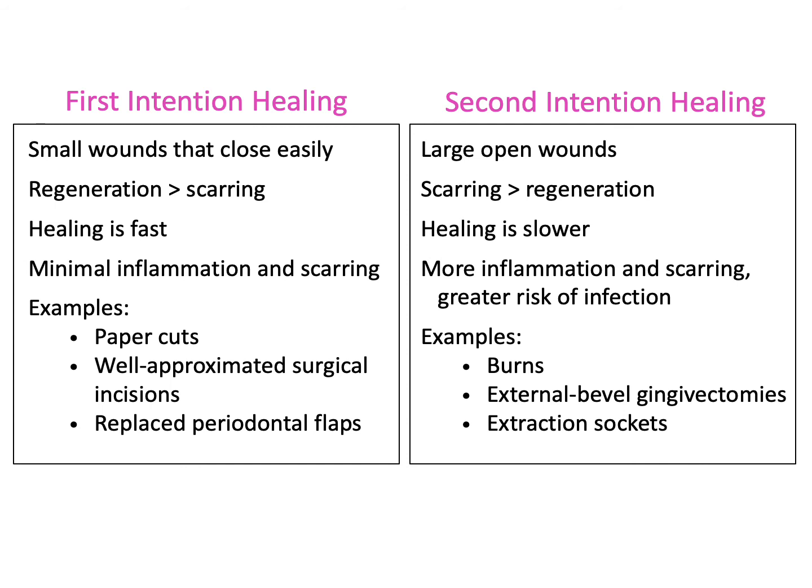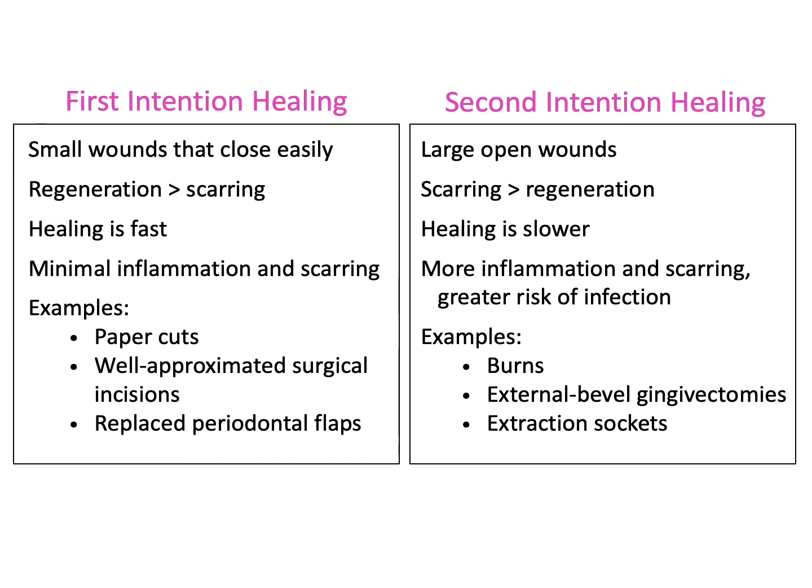I've got small and large here. These are relative terms, obviously, but the point is that first intention healing happens in wounds where you have edges that close, that you can approximate together, either with sutures or just naturally the edges sit close to each other. That's the whole thing. Usually that means a smaller wound, because once you get relatively large in your wounds, sound like a wound expert, I'm really not, but once you get to a larger size, the edges aren't going to hold together.